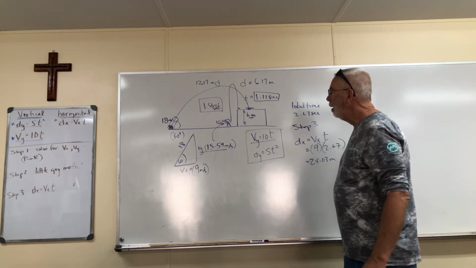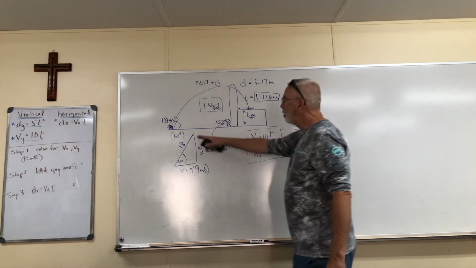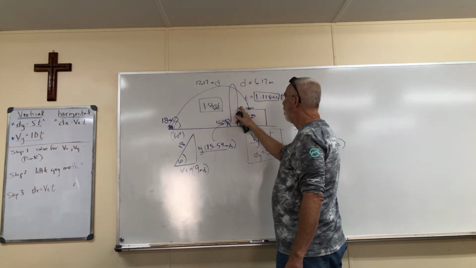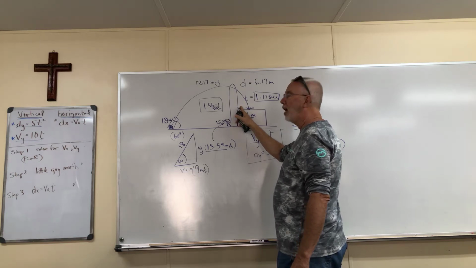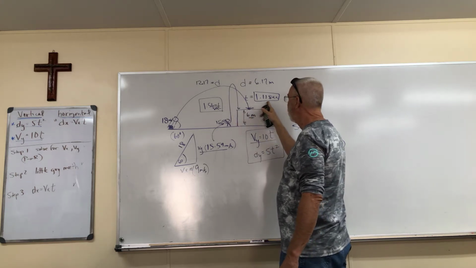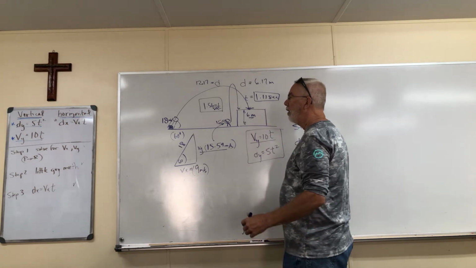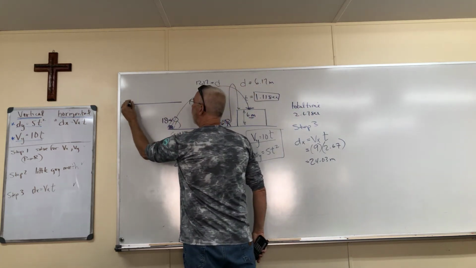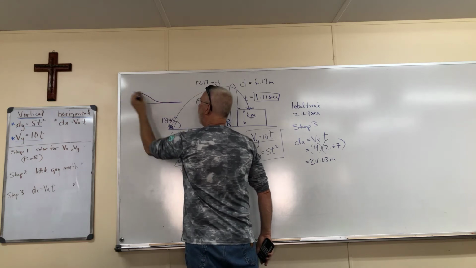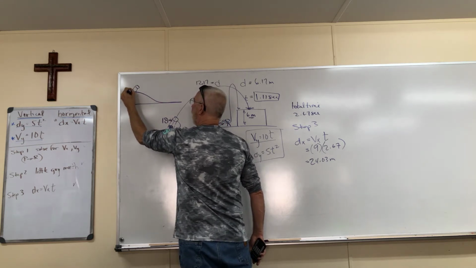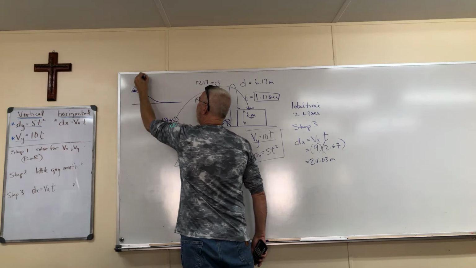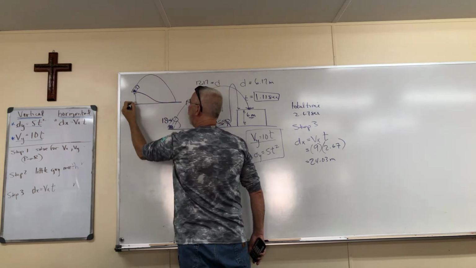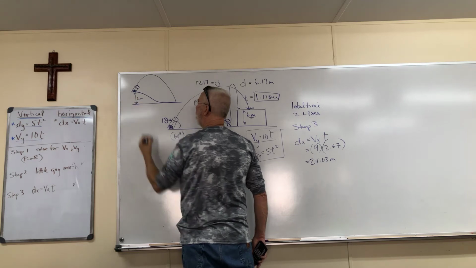And you can see that if it starts low and it ends up high, the distance it falls on the back side is going to be shorter, so it's going to be a shorter time. On the other hand, if we had a problem that looked a little bit like this, where the cannon was on a hill, like this, and the cannonball went up in the air and came down, and let's say that the hill was 6 meters tall.